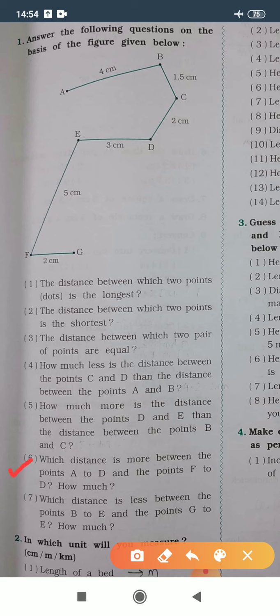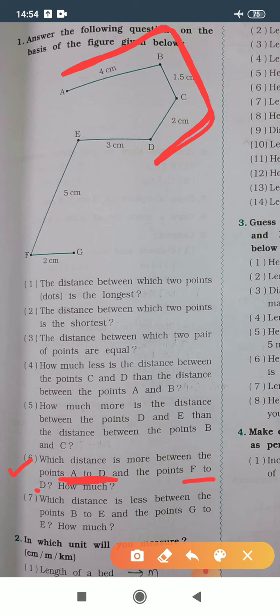Let's see question number 6. Which distance is more, between the points A to D or the points F to D? So first of all we need to find out the distance of A to D. So from A, B, C and D we need to see point A to D's distance.